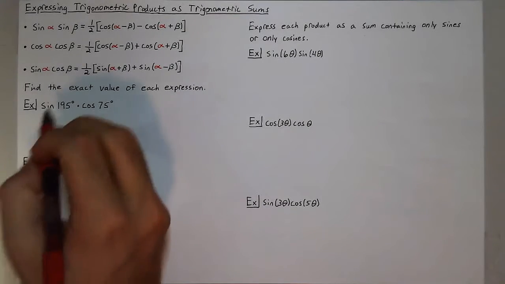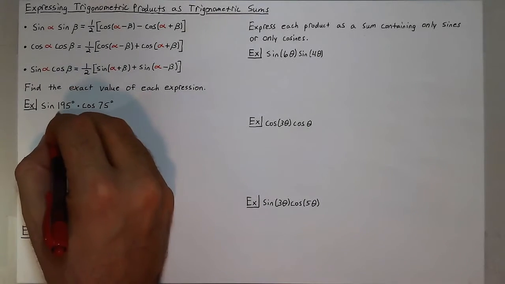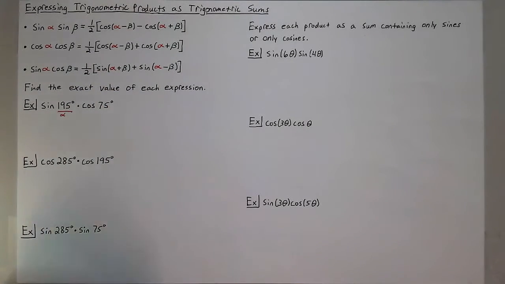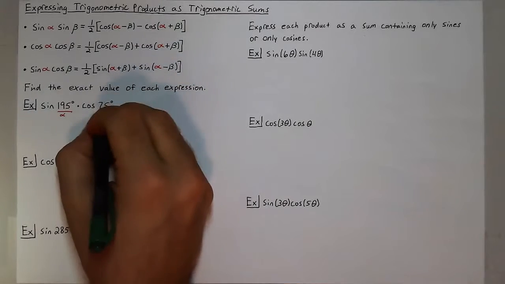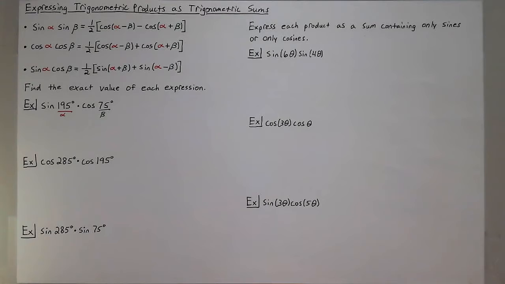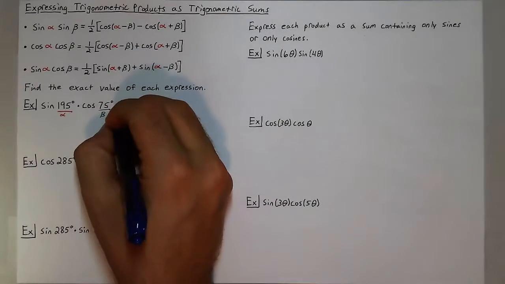But I can use the sine times cosine product formula in order to figure out the value of this expression by going from my product to a sum. I'll let 195 be my alpha and my 75 degrees be my beta.